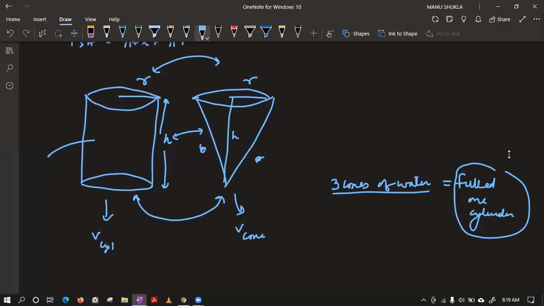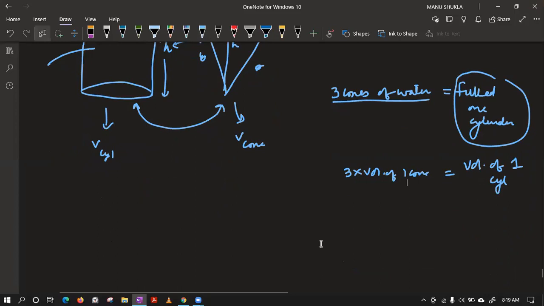So we can say that volume of one cylinder is equal to 3 into volume of one cone. Class, can we say this relation? After finding that we require three cones to fill one cylinder, we can say that thrice the volume of one cone is equivalent to the volume of one cylinder.